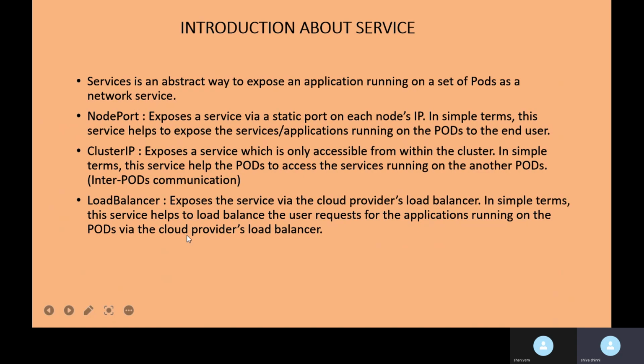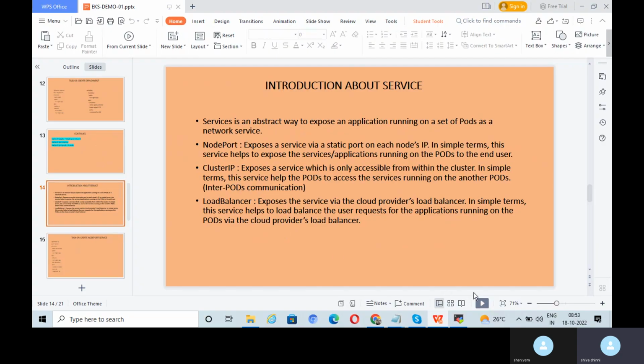That DNS name couldn't change, because it is static only. So this service helps to load balance the user requests for the applications which are running on the pods via the load balancer URL. So these are the services with which we can access the application web page.